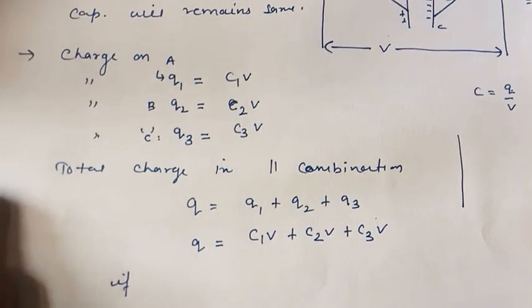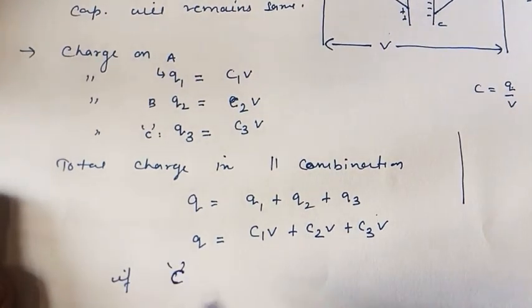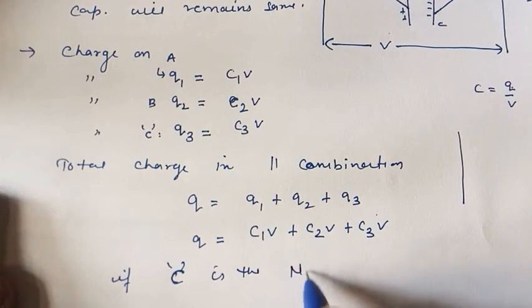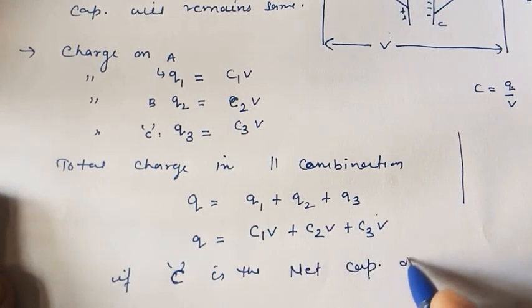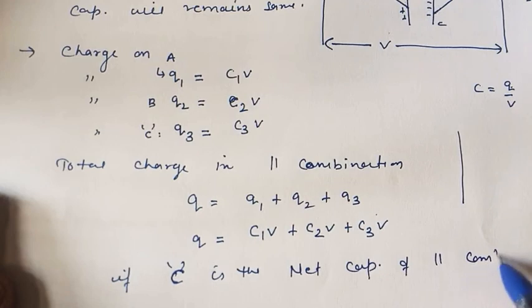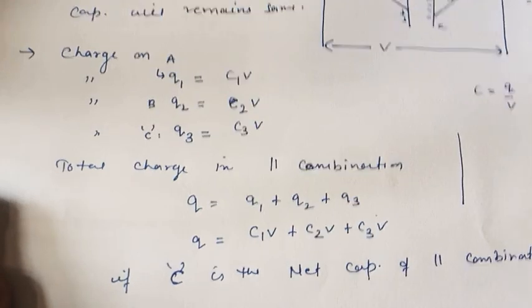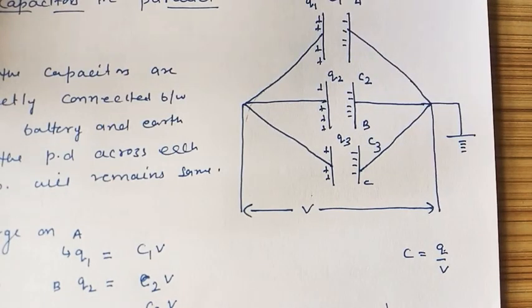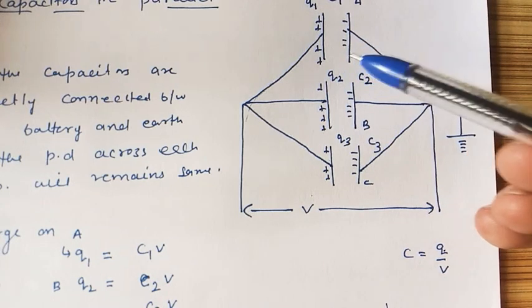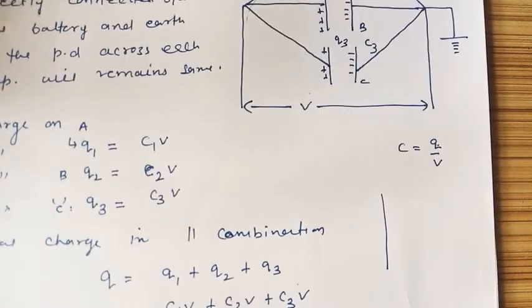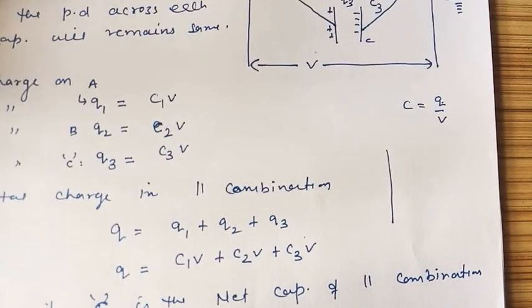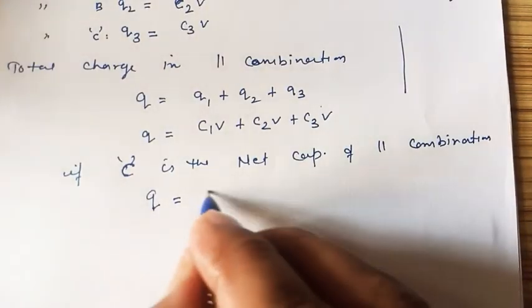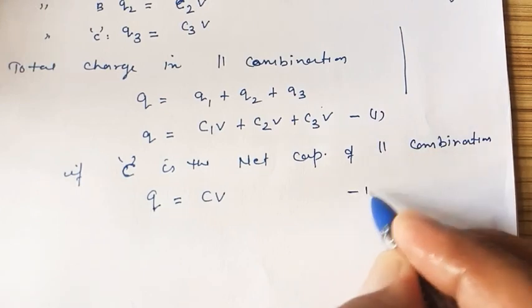If C is the net capacitance of the parallel combination, when you join all these capacitors in parallel you get a new capacitor, let its capacitance be C. Therefore total charge Q equal to C into V. Let it be the first equation and this the second.